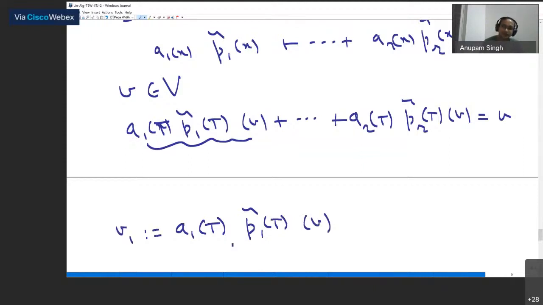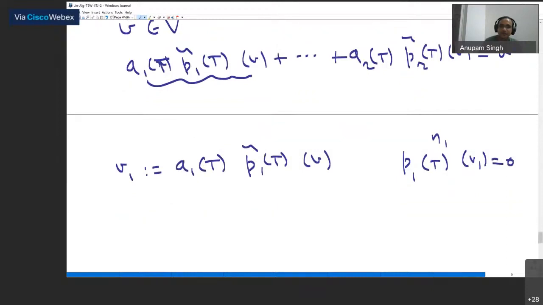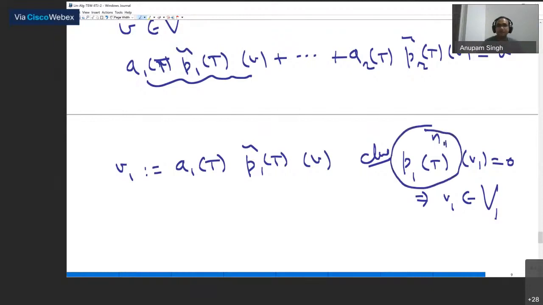My claim is that p1 t to the power n1 applied to v1 is 0. Because this will mean that v1 belongs to V1, which is a kernel of this thing basically, right?